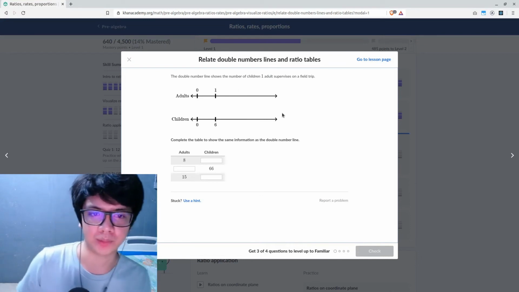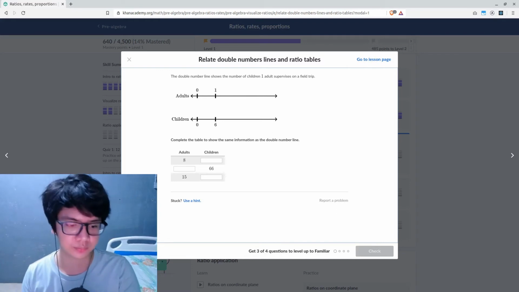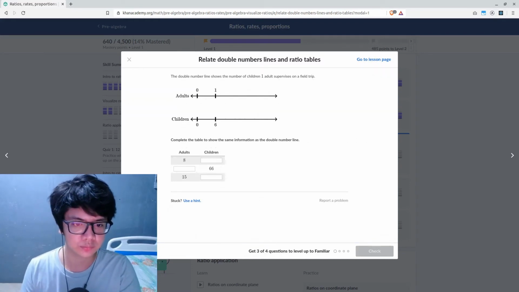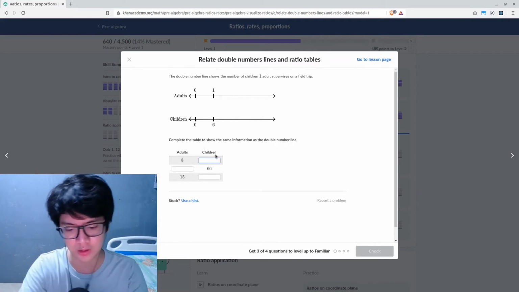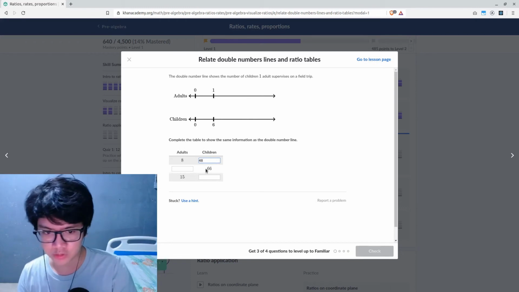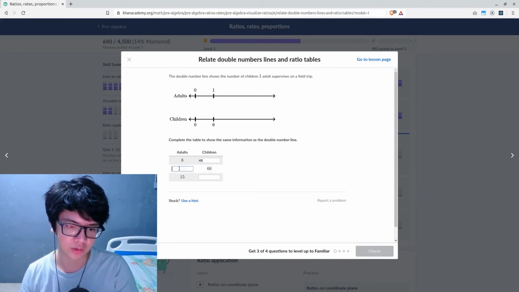On a field trip. Okay, so for 8 adults, multiplied by 6, you see the 48. Whoa, 66 children? Oh, okay, so 6, so it's gonna be 11 adults.